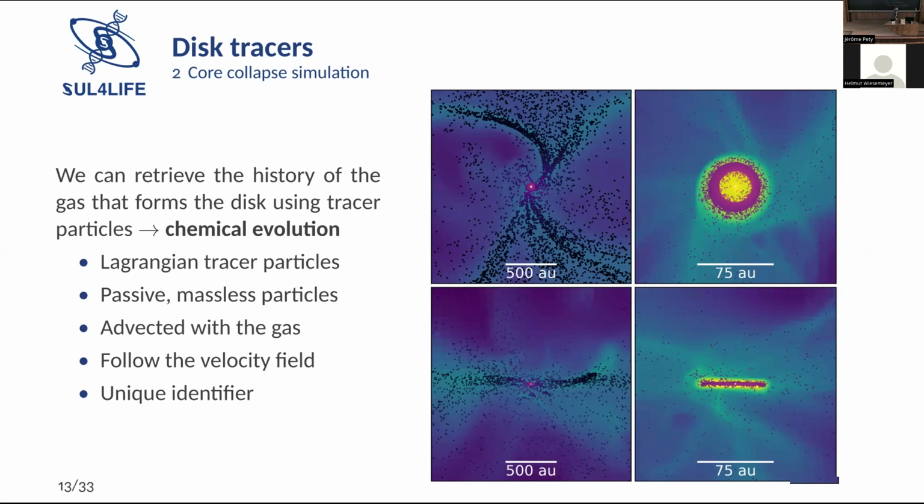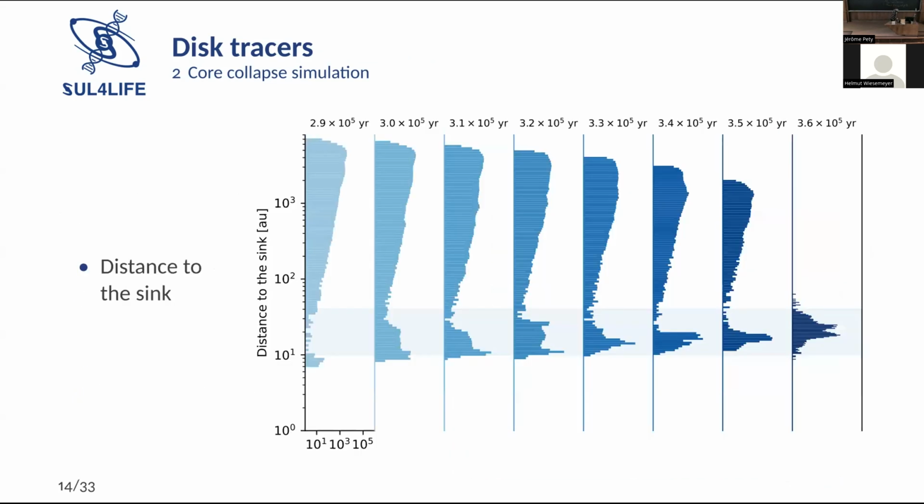An example of their properties is the distance to the sink. This is a bit involved to explain, but these are histograms at different time steps, where I show you the amount of tracer particles at a given distance.